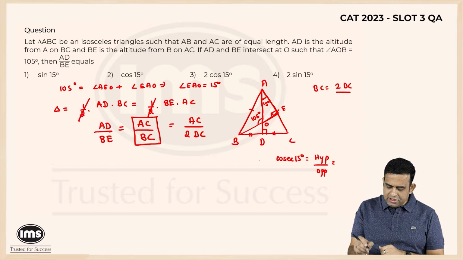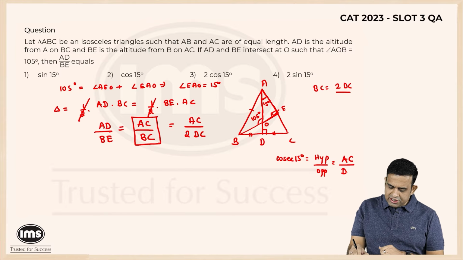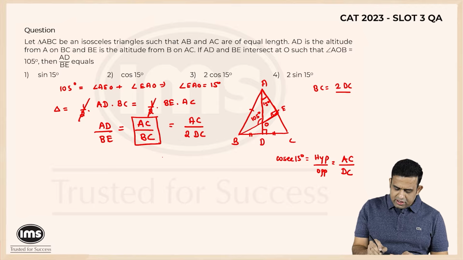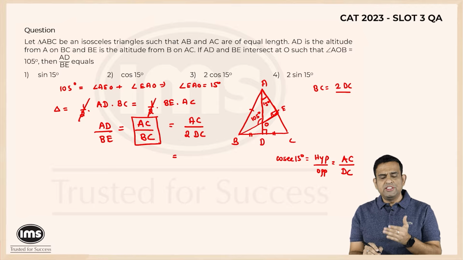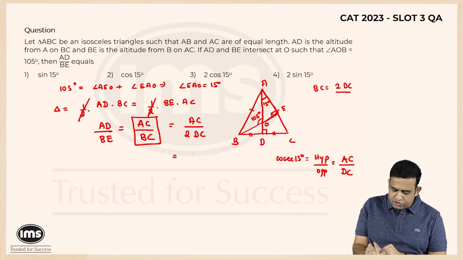What is the hypotenuse in this particular case? For right angle triangle ADC, AC is the hypotenuse, and the opposite is DC. So the required ratio is AC upon 2 DC. AC upon DC right now becomes cosec 15, so my required answer must be cosec 15 divided by 2.